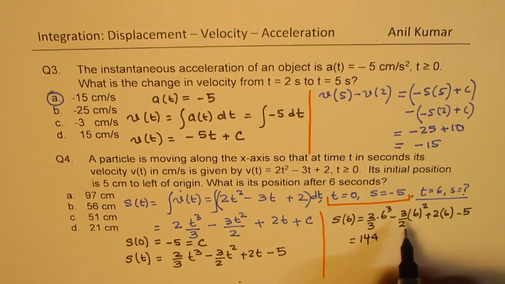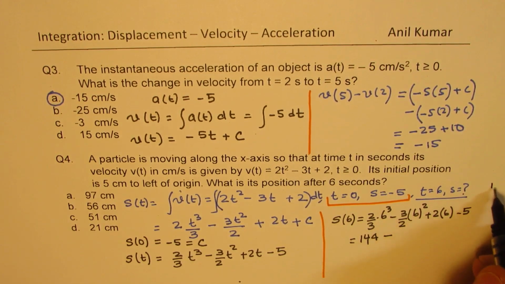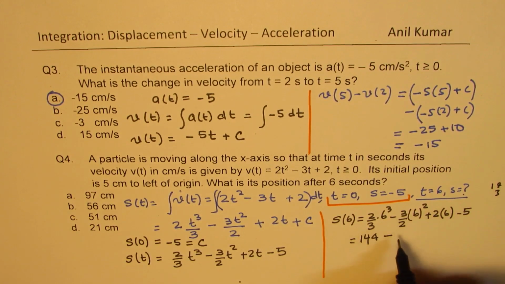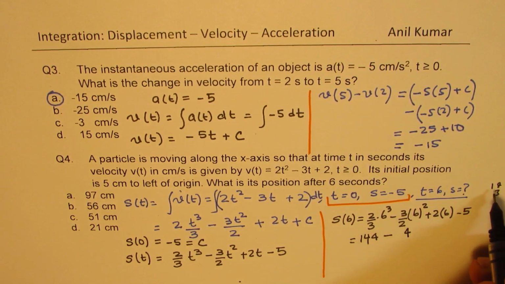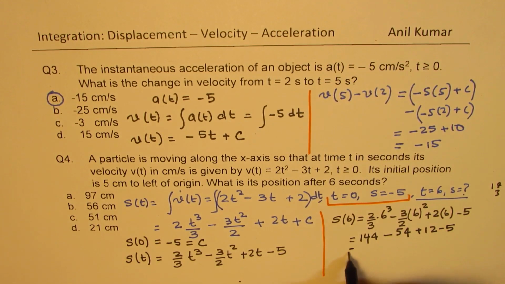So we get 144 here, minus 6 squared, which is 36, half of 36 is 18, and we have to multiply 18 by 3. 3 times 18 is 54. Plus 12 minus 5. So it's a big number.